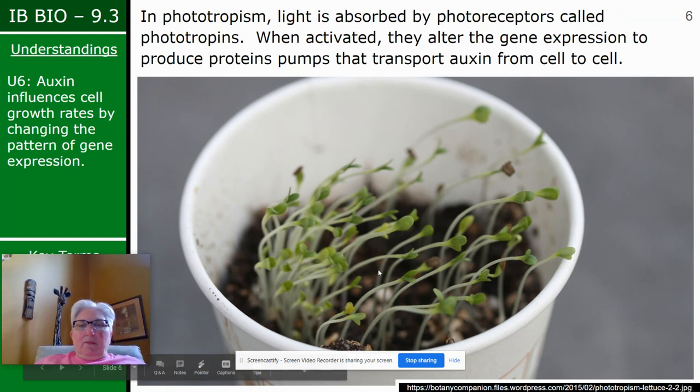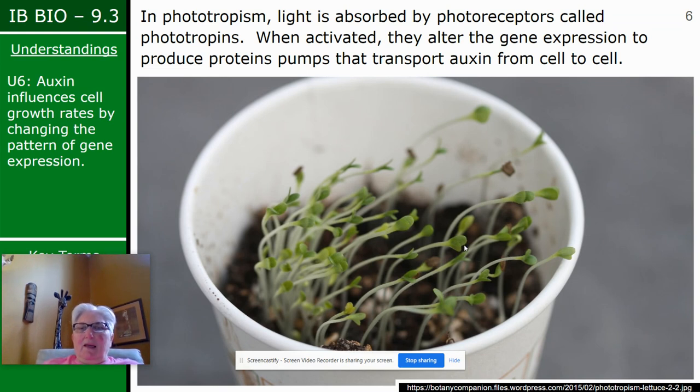We look at, here's some shoots here springing up, and we can see they're all bending right towards the light. There are phototropins, which are kind of light receptors that are inside of the cells of these plants. And when they get activated, because of the presence of light, these shoots will bend toward the light. And what happens is that the light will also cause the creation or movement of auxins, which are the hormones that we're talking about.